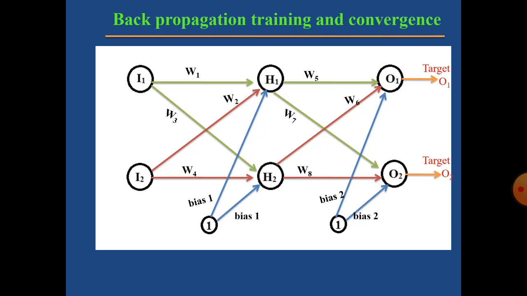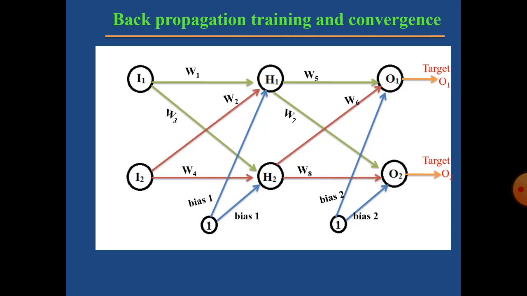So here I1, I2 are the inputs. W1, W2, W3, W4 are the synaptic weights of the inputs I1 and I2. Next we have H1, H2, the hidden units or hidden neurons, whereas O1 and O2 are the output neurons. W5, W6, W7, W8 are the synaptic weights with respect to the hidden neurons H1 and H2.